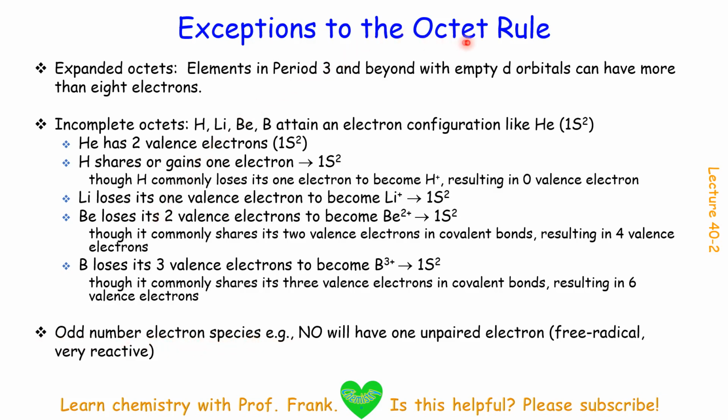Obviously, they will never meet the octet rule because they have an odd number of electrons. For example, nitrogen monoxide has 1 unpaired electron. The odd-number electron species are called free radicals, and they are very reactive. It means that they are not stable.